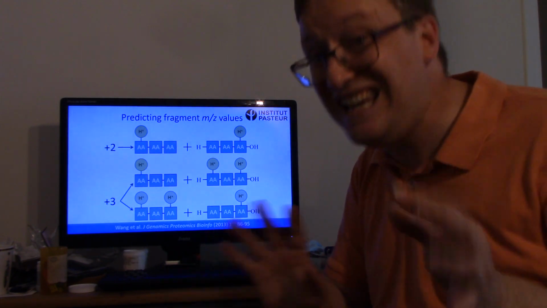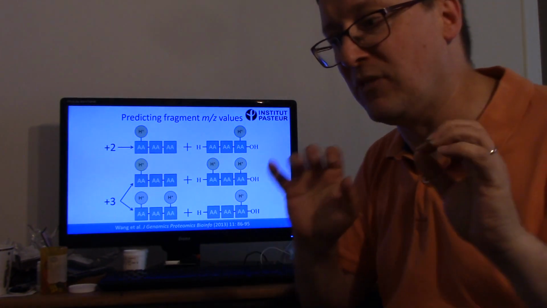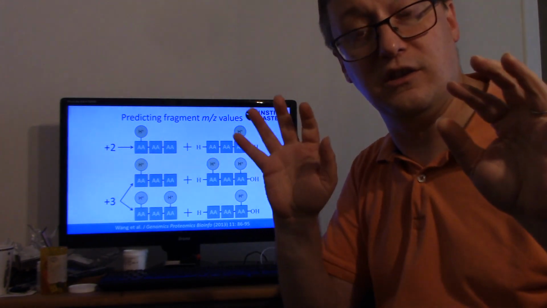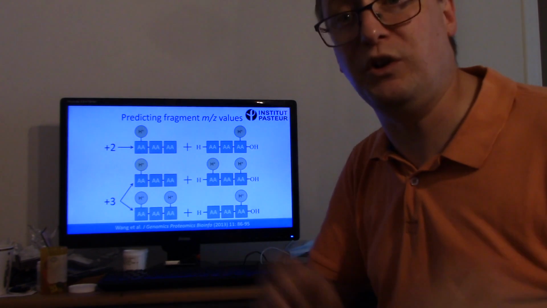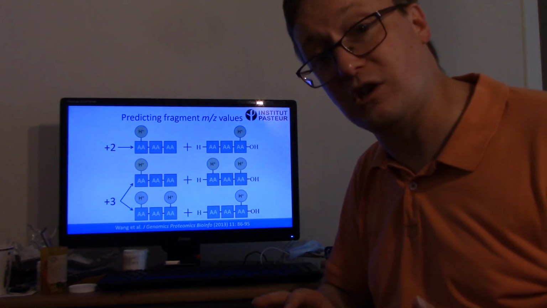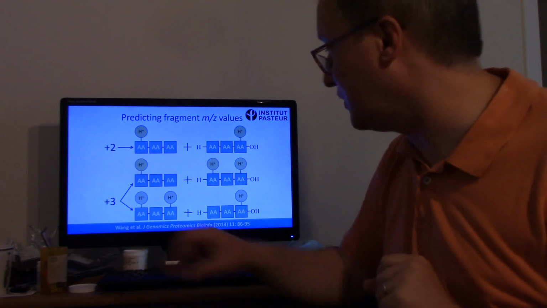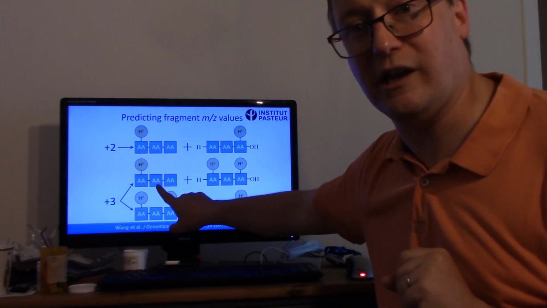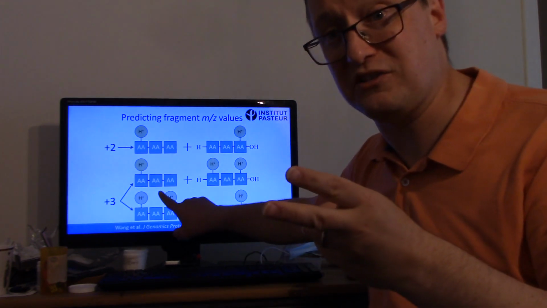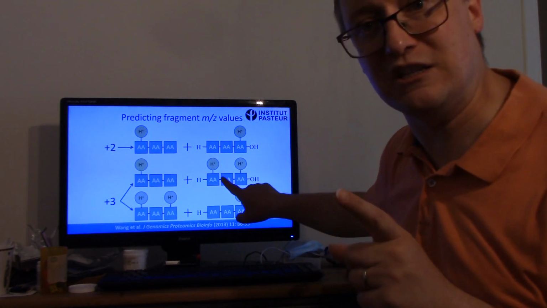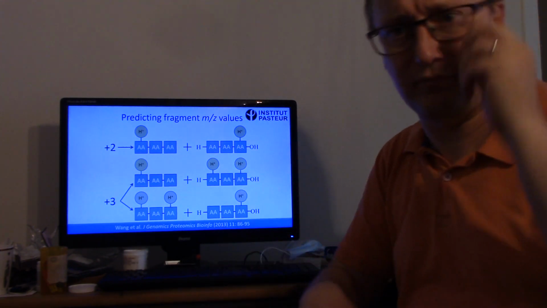It is not easy to tell for every breakpoint in a long peptide which charge states the N-terminal B ion or the C-terminal Y ion will go away with. As a result, most database search algorithms use a model in which every N-terminal B ion is modeled as both a +1 and as a +2, and every Y ion is modeled as both a +1 and a +2.